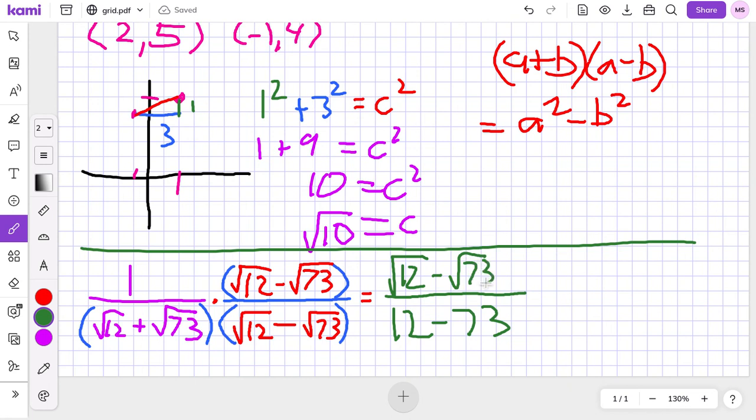The numerator still has the irrationals, but the denominator is now rational, because 12 minus 73 is negative 61. So negative 61, and the numerator is still root 12 minus root 73. This would be the answer.